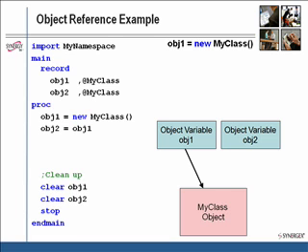The new statement creates a new object and associates it with the object variable obj1. The statement obj2 equals obj1 creates a second reference to the same object. The object now has a reference count of 2.